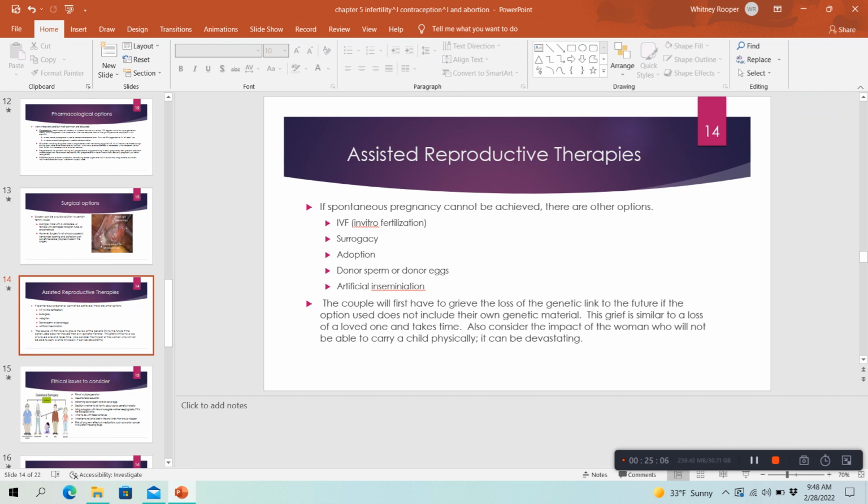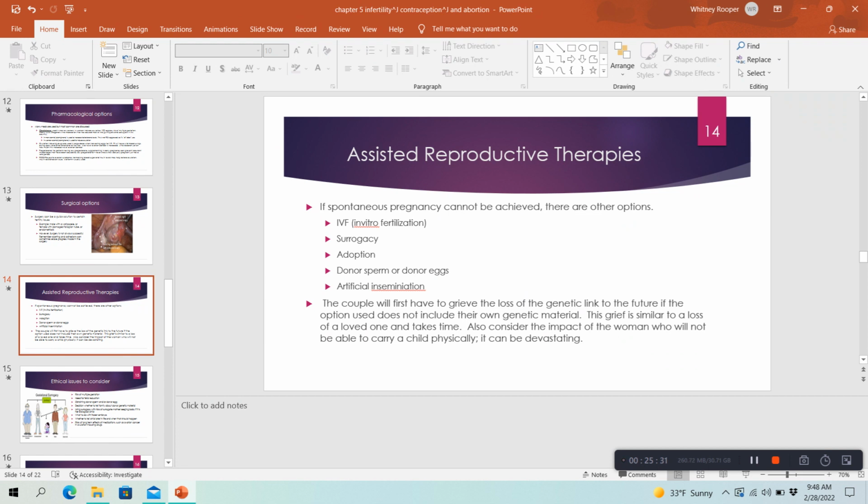There's a lot of ethical issues here we're going to talk about. It gets really muddy when you start talking about these things. It seems like medical advances have outpaced our ability to deal with them. For example, you do surrogacy, which means you hire a woman to carry a baby for you.